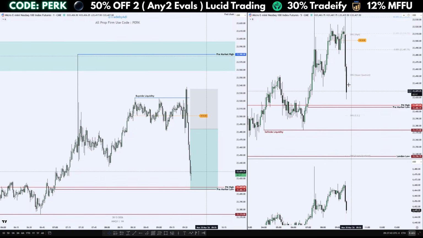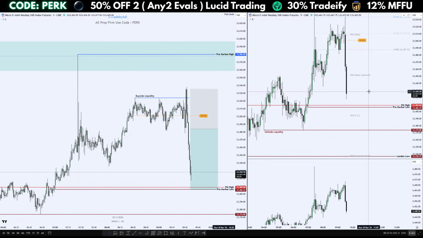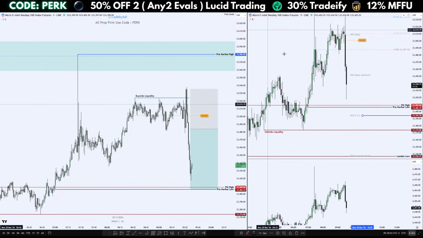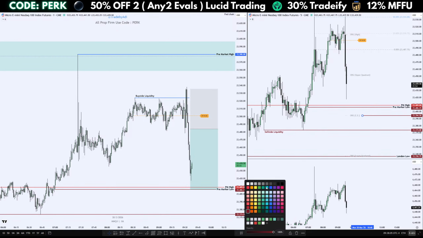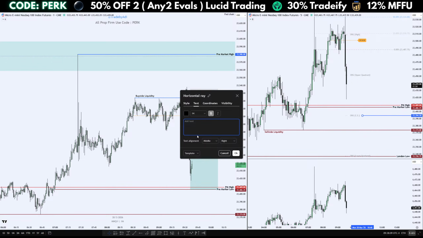And we have a pretty good displacement down, and we are closing below this opening range gap 25%. So most likely we are going to tap to this CE also, this one, 23,394, this level. Let me mark this in blue, and I'm going to add the ORGC.